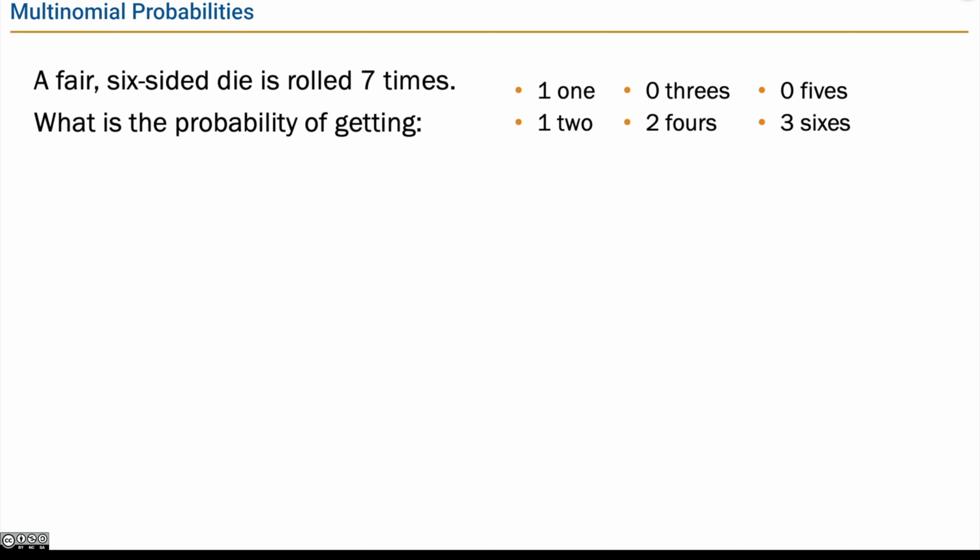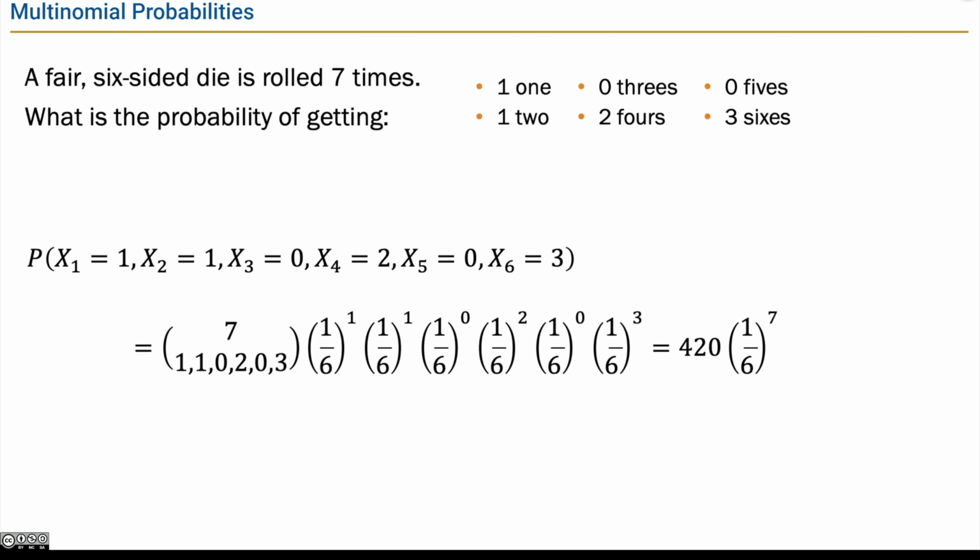All right, so let's do a basic example with a fair six-sided die. What is this probability? Go ahead, put it on pause, see what you can get. If you said this, you are correct. This one was not as interesting because no matter what, I was always going to get 1/6 to the number of rolls because the die was fair.